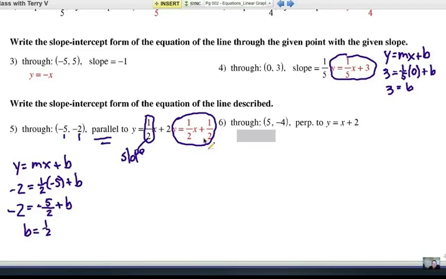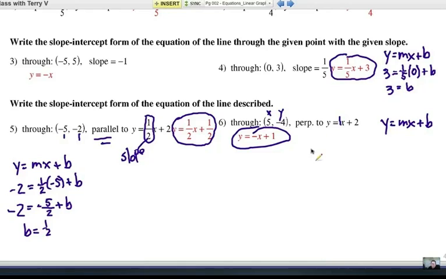Okay. Next, this is the equation of the line we're looking for. They give us an x and a y point to try, and it says perpendicular to that line y equals x plus 2. Now in that equation the slope is positive 1.